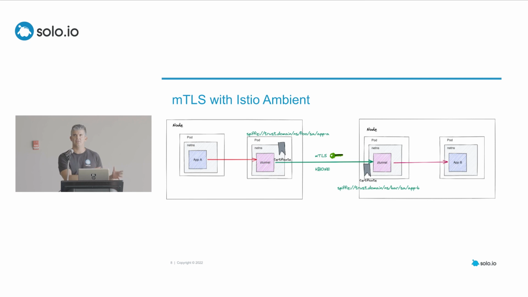You can see the colors here: the red connections on the node are unencrypted, the green arrows between the workloads over the network are encrypted mutual TLS, and on the other side, where the traffic gets to the workload, it's a red arrow again.